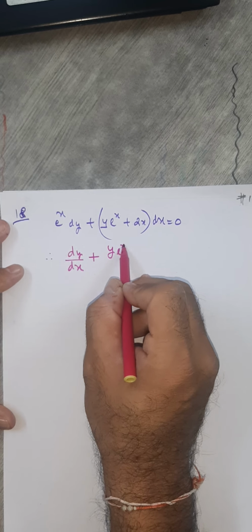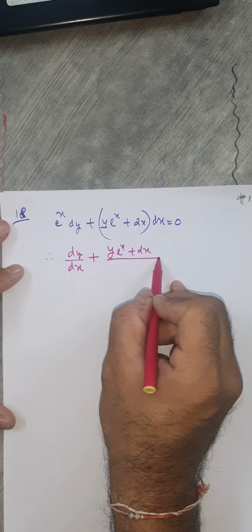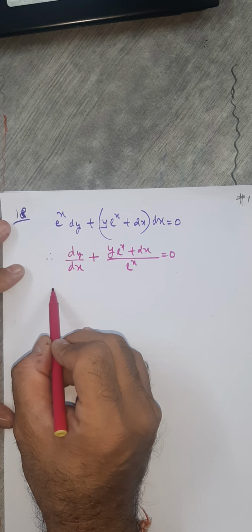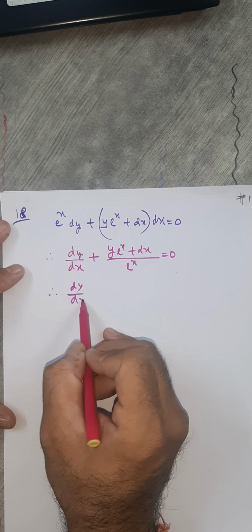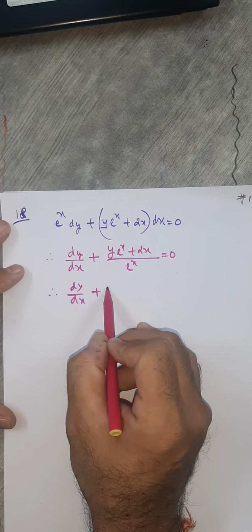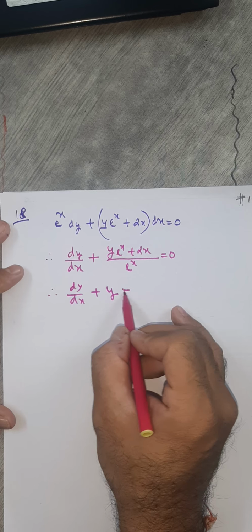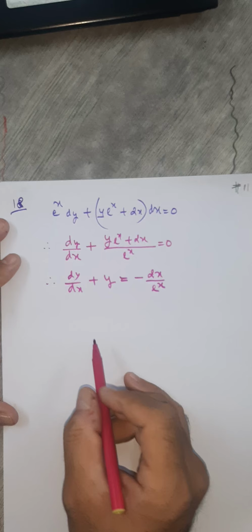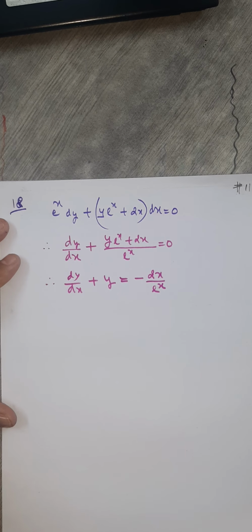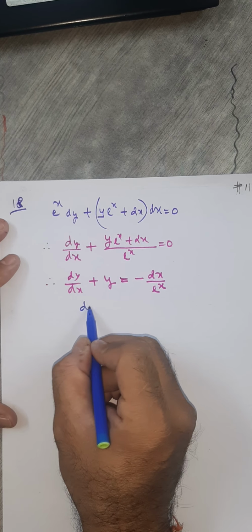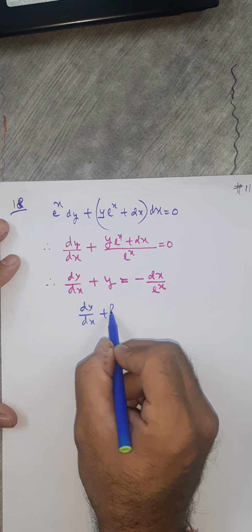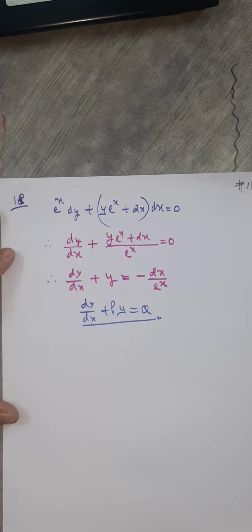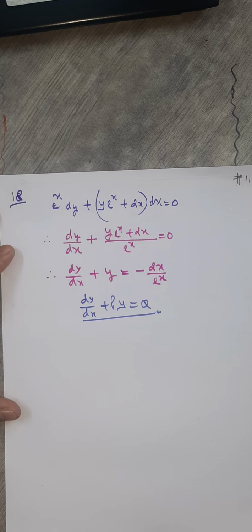So y into e raised to x plus 2x upon e raised to x equals 0. Just have a look. Do cross multiplication, you will get the above step. So dy by dx plus this upon this is just y, and I'll take this expression over here, minus 2x upon e raised to x. Now you can compare with which form? You can see that it is in the form of dy by dx plus p into y equals q. It is in linear differential equation form.